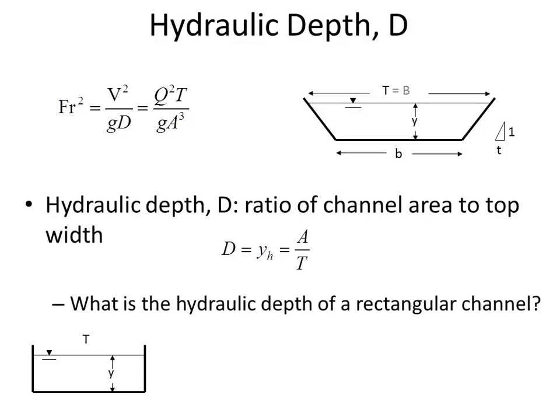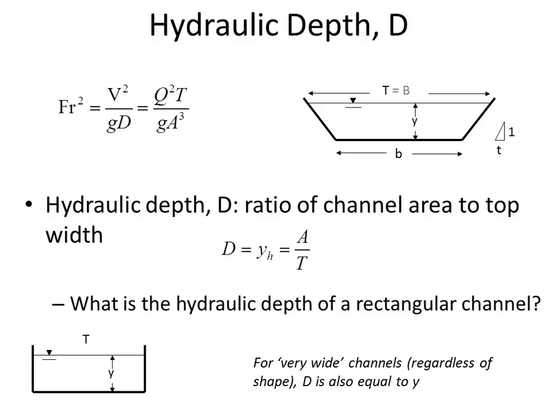In a rectangular channel, because the area is going to be T times Y, the hydraulic depth is just its physical depth, Y. So hydraulic depth is the same thing as its actual depth. One simplification that we know is that if the channel is very, very wide, then we can assume that its hydraulic depth is equal to its actual physical depth.